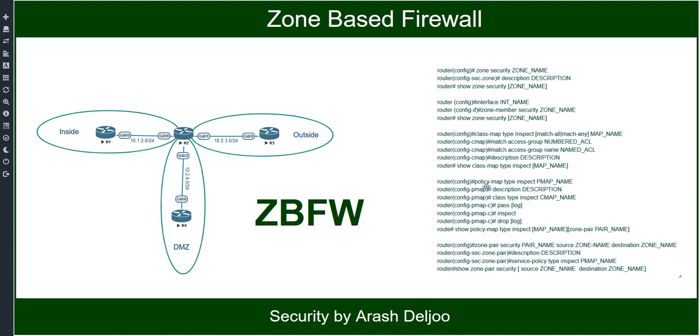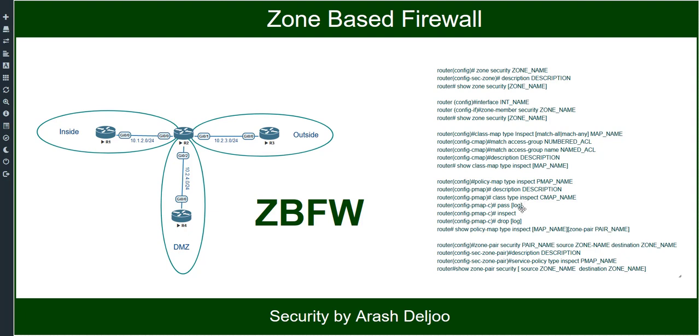About the policy, we use policy-map like in QoS. Okay, policy-map type inspect. And don't forget, for class map and for policy map, if you want, you can configure a description. I didn't configure a description for the class map, but for the policy map, if you want, you can. Look here, policy-map type inspect, description, and then for this class, please apply one of these logics. Let me explain this logic.